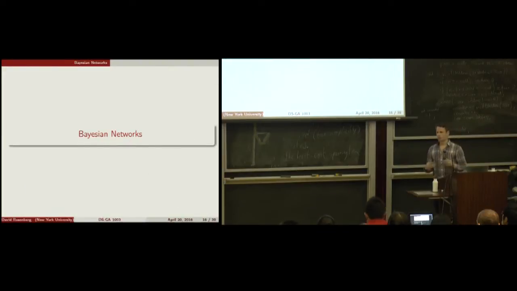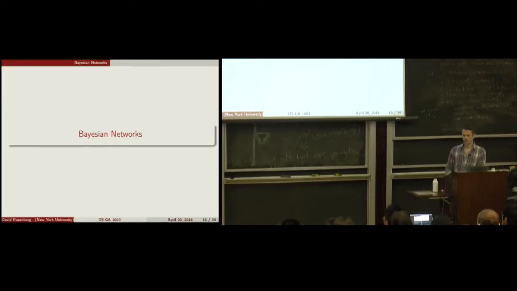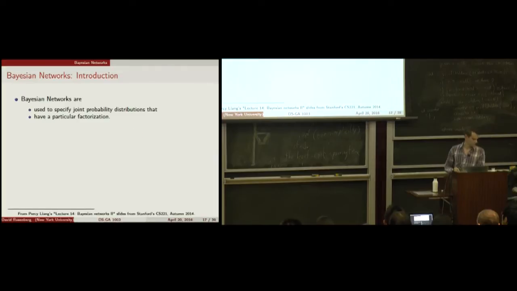All right, so that's our warm-up on conditional independence and how we control the complexity of probability distributions. And now we're going to introduce a little bit of a notation or a language. It's Bayesian networks. So Bayesian networks are used to specify joint probability distributions that have a particular factorization.